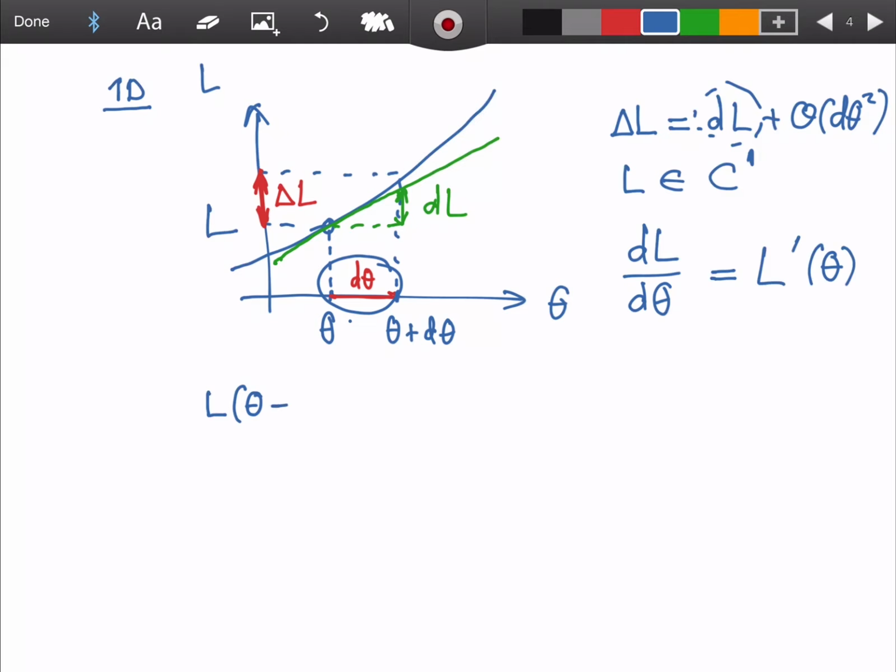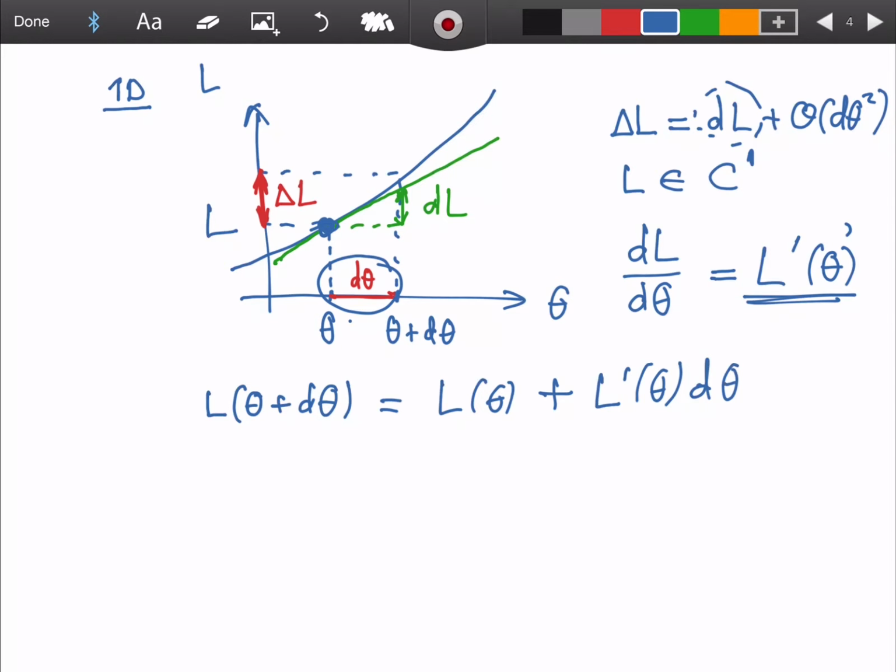An alternative way to state the same is by saying that if I want to get the value of my function at theta plus a small displacement d theta, I can write it as the value of the function at point theta, plus a linear approximation. The slope of the linear approximation is the first order derivative at point theta, times d theta.